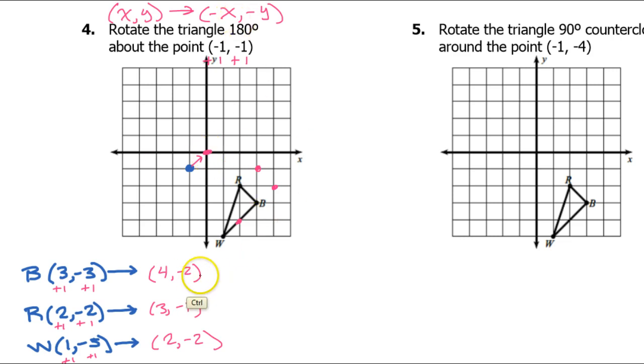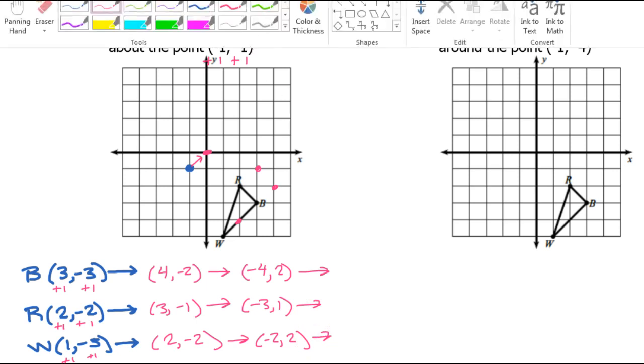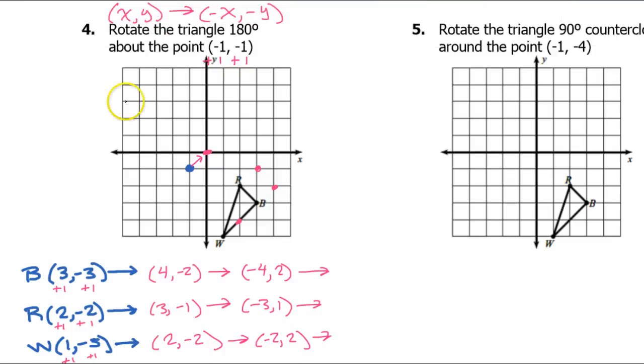So I'm going to change all the signs. So this is going to become -4, +2. And this will become -3, +1. And this will become -2, +2. And now we are ready for the final answer.